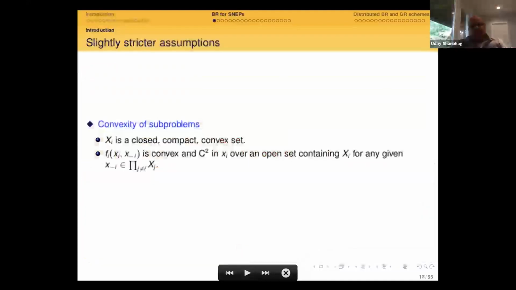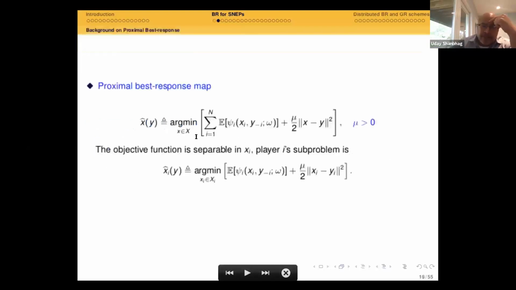Slightly stricter assumptions for the first part of this talk. I'm going to assume that F is C2 in Xi over an open set containing X sub I, and that X sub I, capital Xi, is also compact. If you remember, the proximal best response map in each player's case looks like this. So instead of F sub I, you have the expectation.